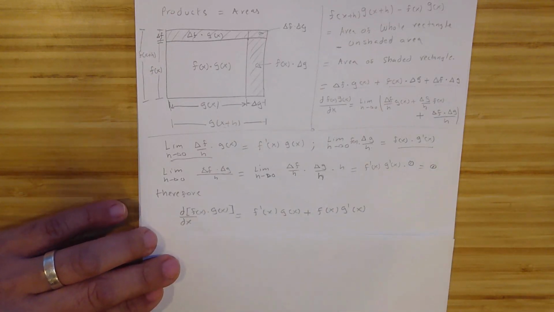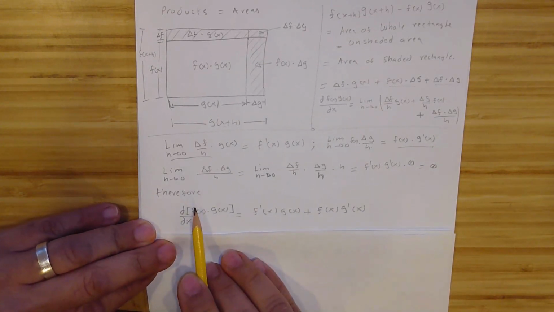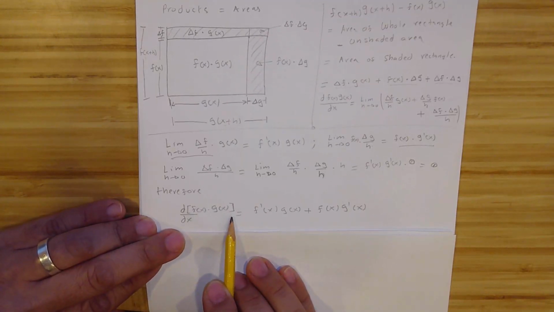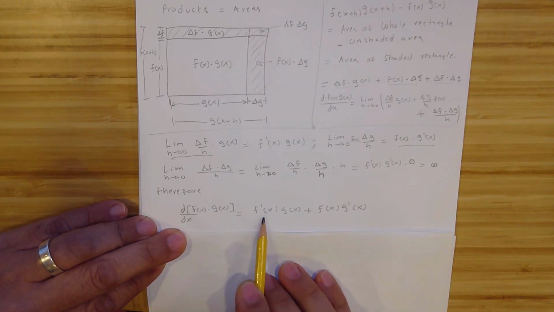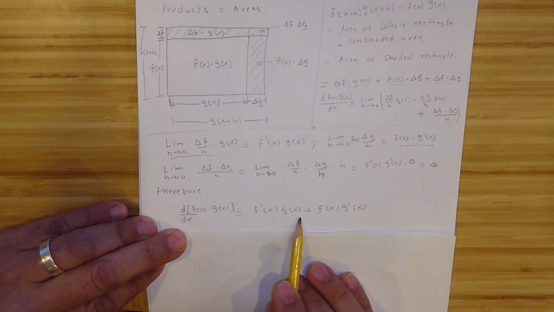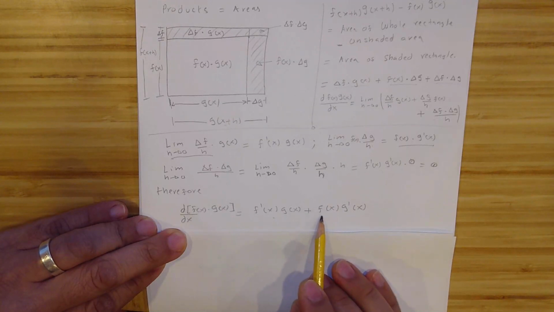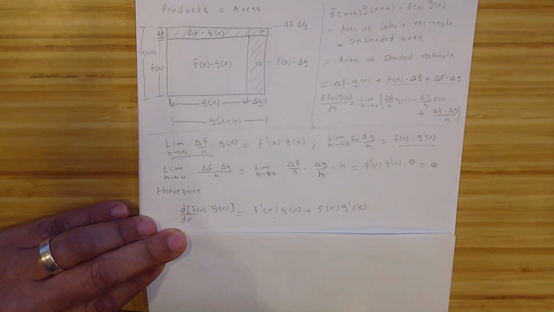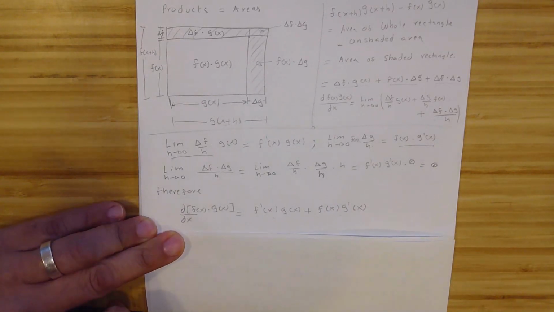Therefore, the derivative of the product, the product rule, will be the derivative of the first one multiplied by the second one, plus the first function multiplied by the derivative of the second function. Okay.